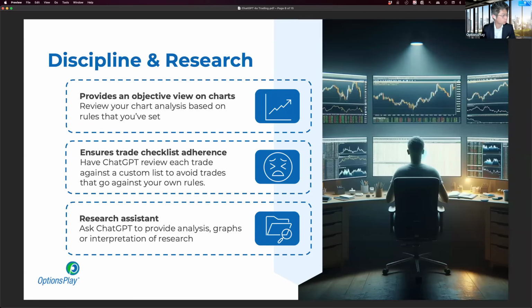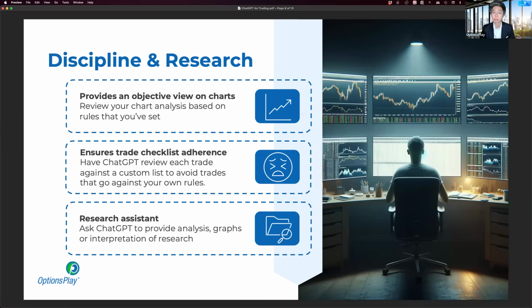So first of all, one of the cool new features is the fact that it's able to interpret images now, which means that you can actually have ChatGPT do technical analysis for you. This is an incredibly powerful part of the new update. What that means is that you can essentially tell ChatGPT what your process is for identifying or analyzing a chart.